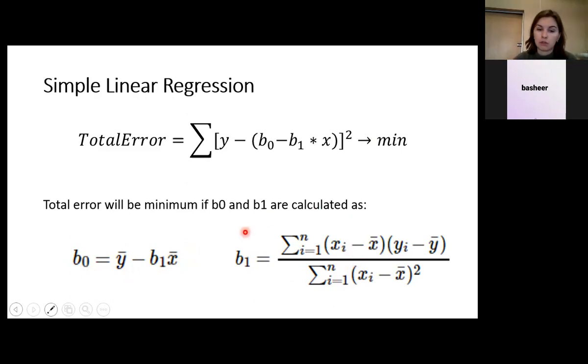And for b1, it will be this equation. You need to find the sum of differences between each value of x minus the mean value of x.